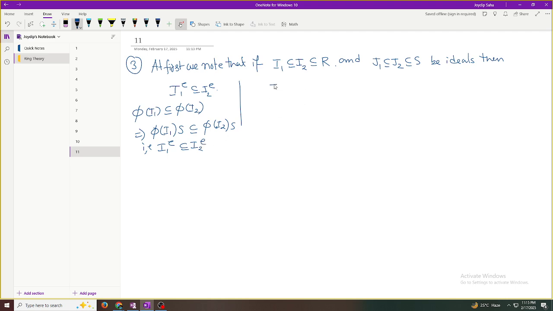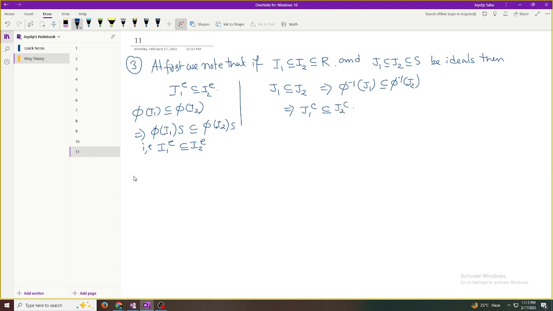Similarly, J1 subset of J2 implies phi inverse J1 is a subset of phi inverse J2. That means J1 contraction is a subset of J2 contraction.